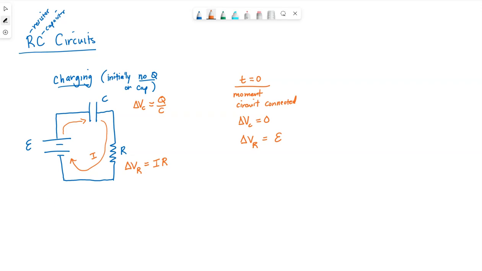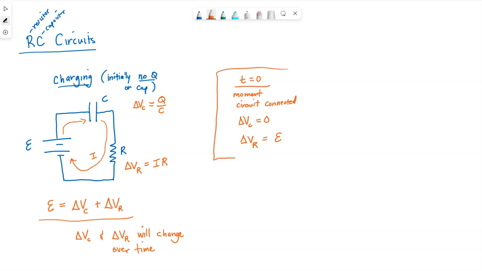If we think about the loop rule, the battery putting in a certain voltage, then that voltage is shared somehow between the capacitor and resistor. This is true at all moments in time, but delta V for the capacitor and delta V for the resistor will change over time as time goes on.